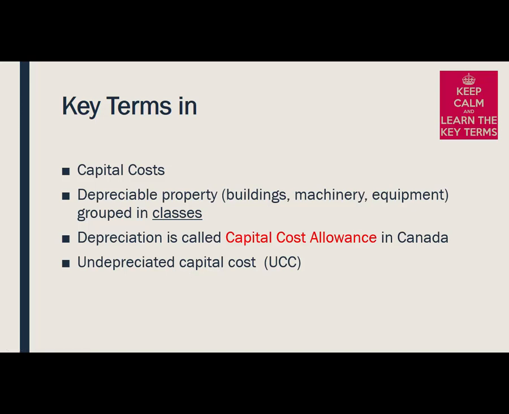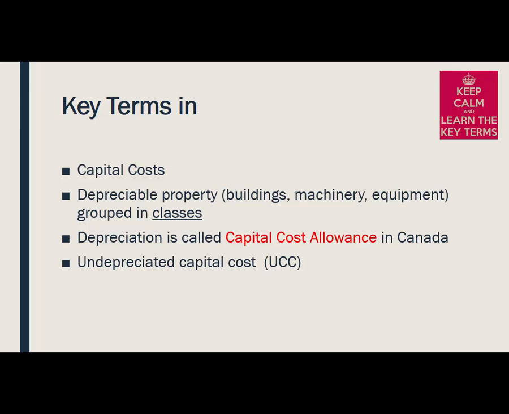At the end of the year, you would deduct that amount from the original value, and then you would do the same thing the year after using the previous year's value. We'll go through an example in a second, but we refer to that as undepreciated capital cost. So it's how much the capital asset is still worth at a moment in time.